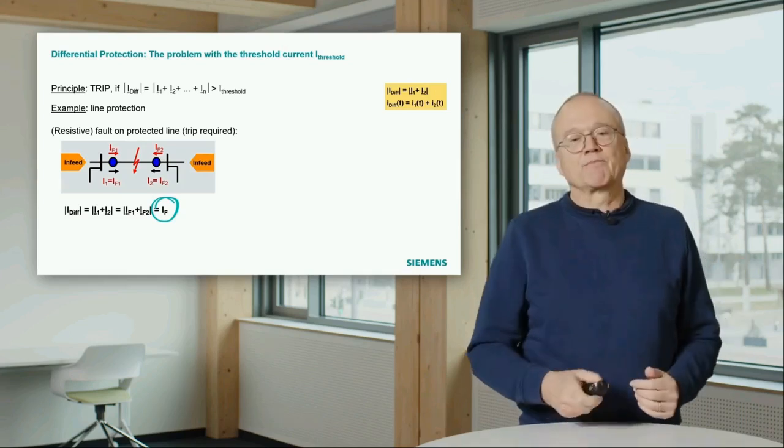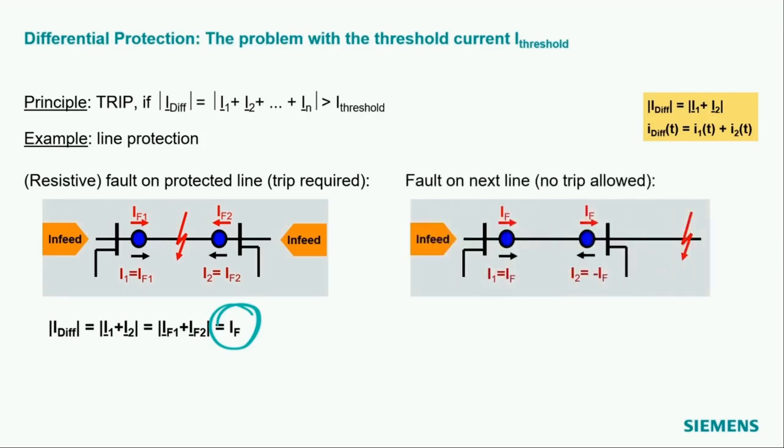That is one case. Now the other case, and this other case is normally the more critical thing in differential protection, we have an external fault. That means a fault outside the protected zone on the next zone, and there our protection relay should not trip. And what is the situation there? We have a short circuit current through our protected line.